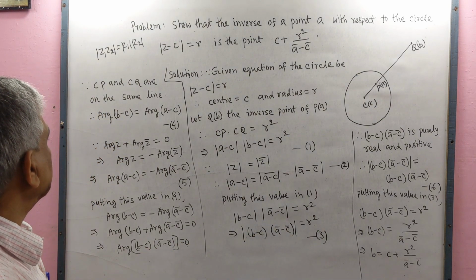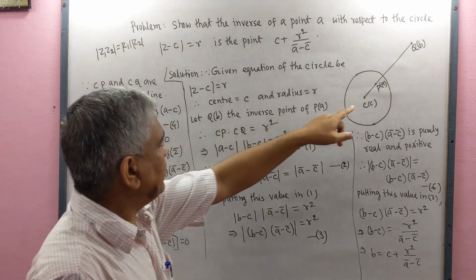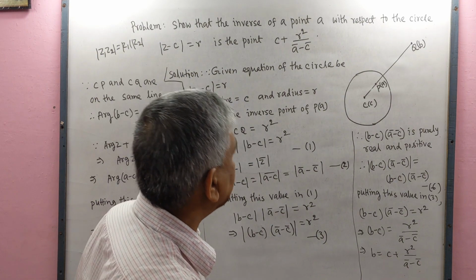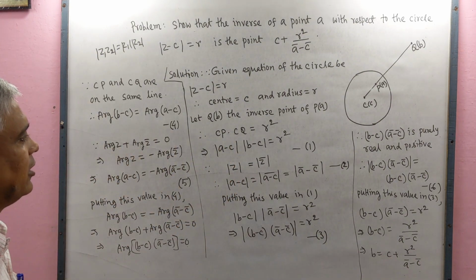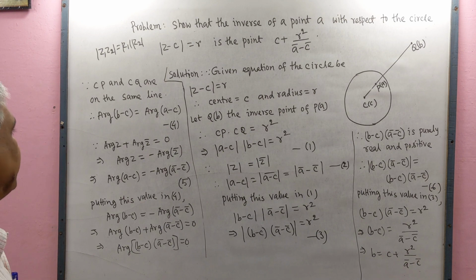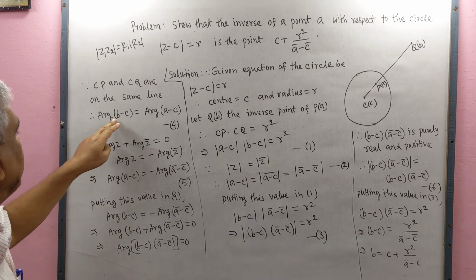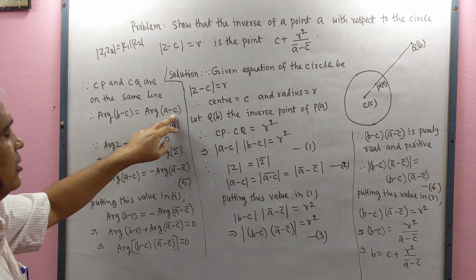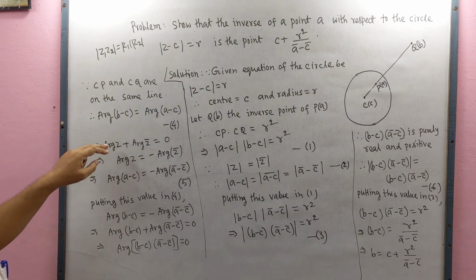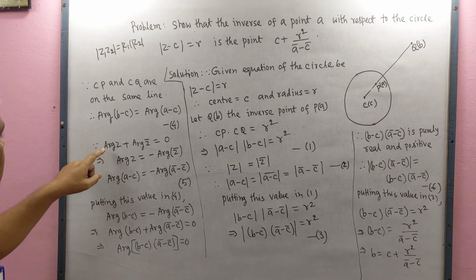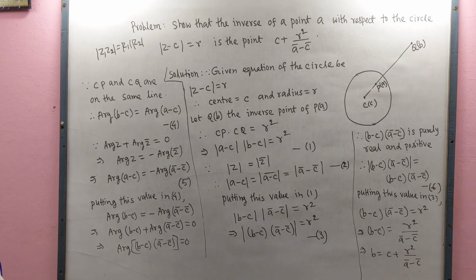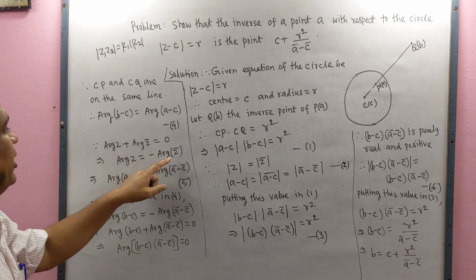Now we see that CP and CQ are collinear, meaning they lie on the same line. Therefore, their arguments will be the same. So, argument of B minus C equal to argument of A minus C. We know that argument Z plus argument Z bar equal to 0, implies argument Z equal to minus argument Z bar.